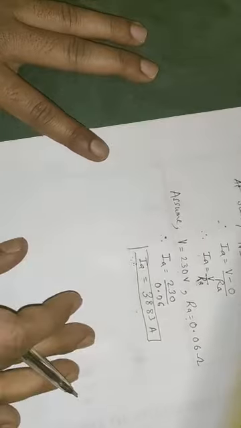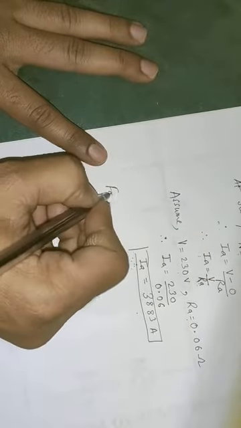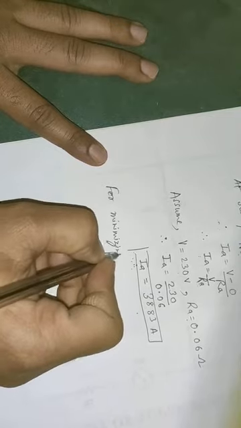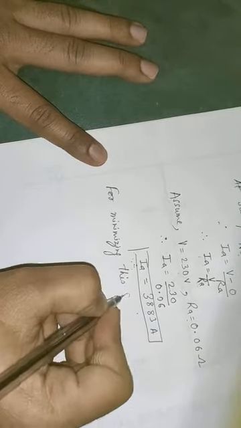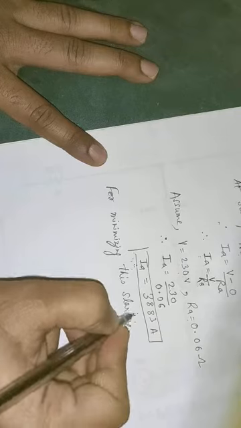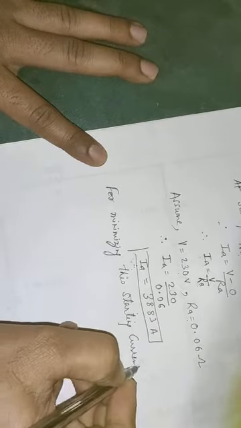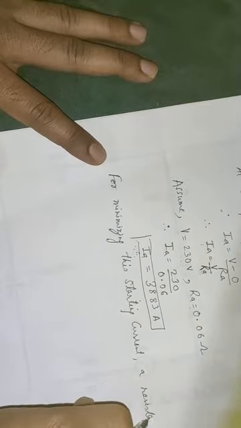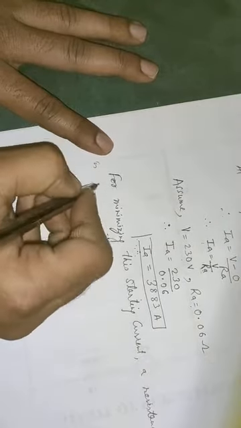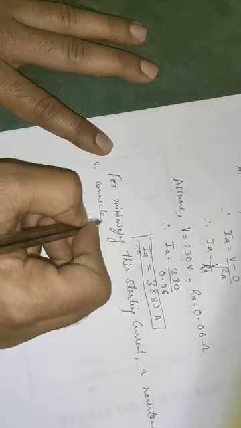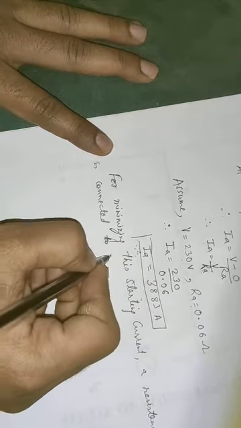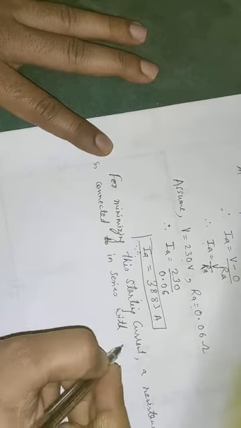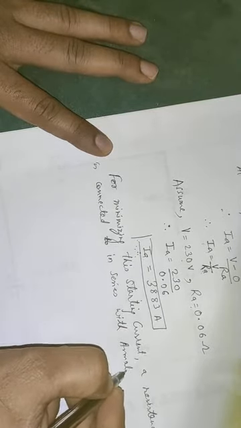Okay, so for minimizing this starting current, a resistance is connected in series with the armature.